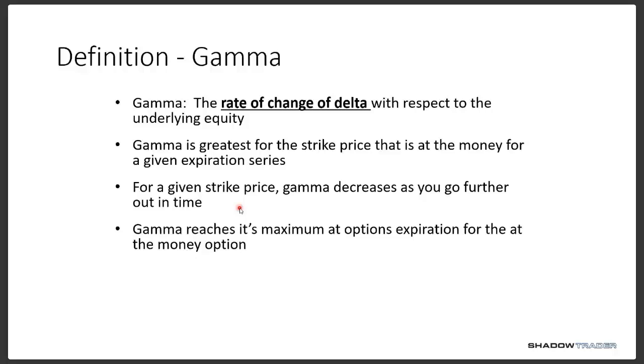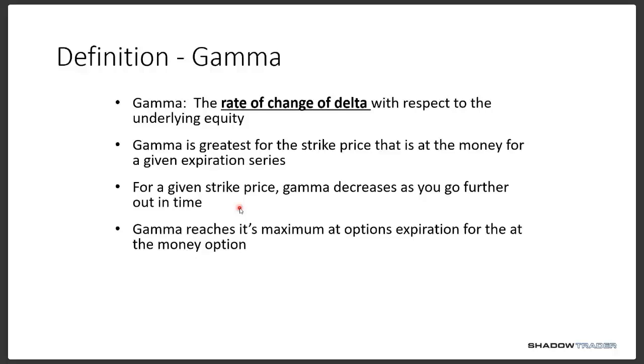If you ever want to watch how gamma affects an option, watch your option chains on expiration day for something like a Netflix or an Amazon option that's at the money. You're going to see that gamma figure in that option chain just absolutely crank from near zero to almost a +1.